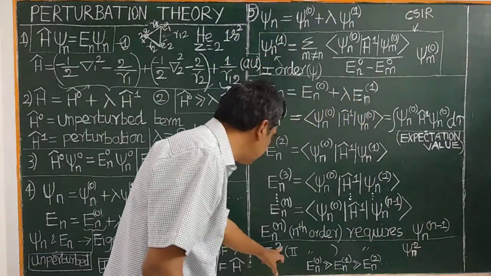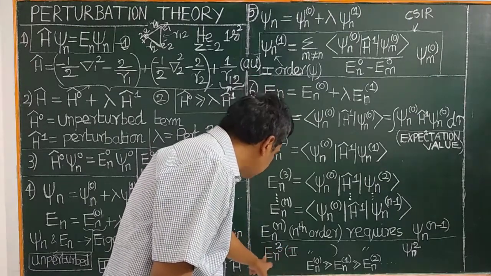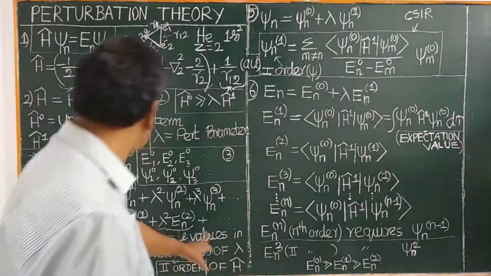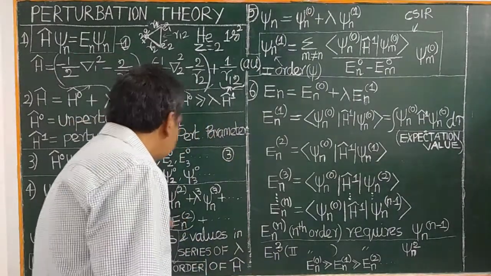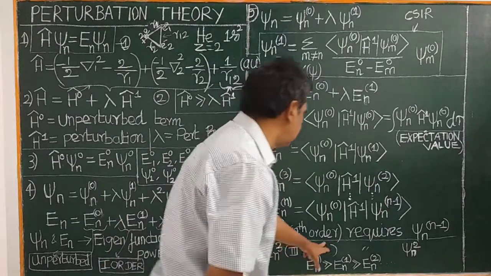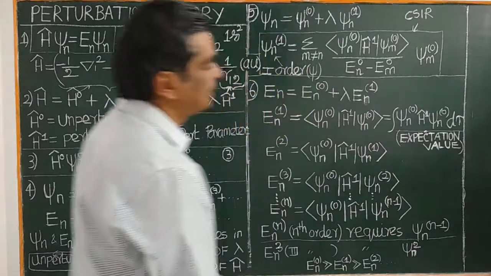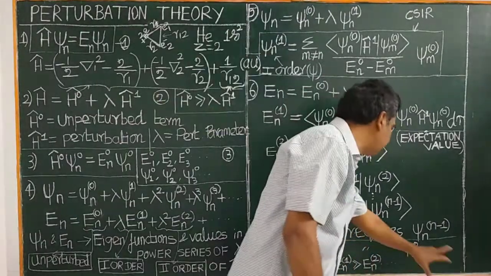For example, to obtain En 3, the third order correction, we require the second order corrected wave function.